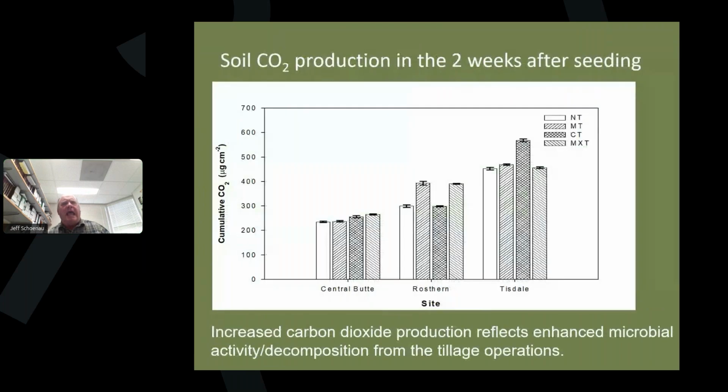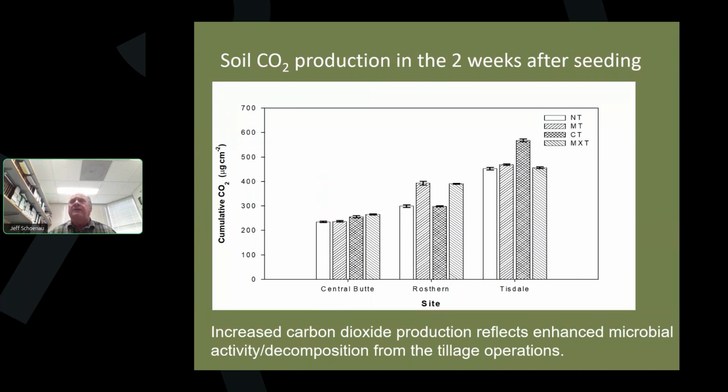We also looked at carbon dioxide production in the 2 weeks after seeding as an indication of the effect on microbial activity, microbial respiration, and decomposition rates. And here we did see, as expected, at all 3 sites, those tillage operations tend to be a little bit variable depending on what the operation was. But the tillage did tend to increase the soil CO2 production, increasing the microbial activity, respiration, and the decomposition from the tillage operations.